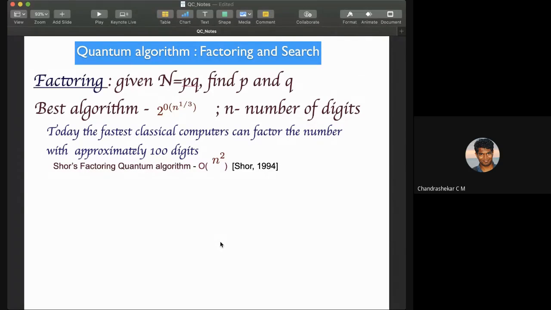But what Shor said was, using a quantum approach, Shor's factoring algorithm has multiple steps. Phase estimation is also one of them, and that's why we only defined a bounded phase estimation. But a general phase estimation is also one of the steps in Shor factoring. It says that you can easily factor any given large number if you use quantum states.